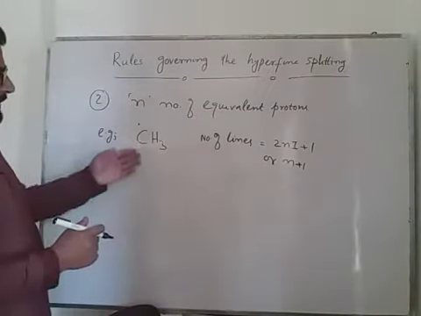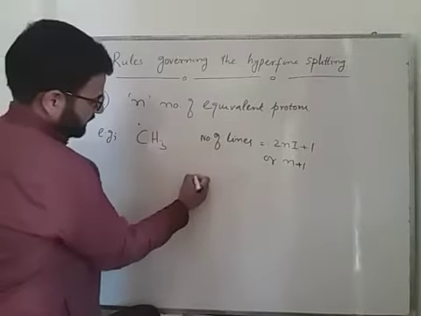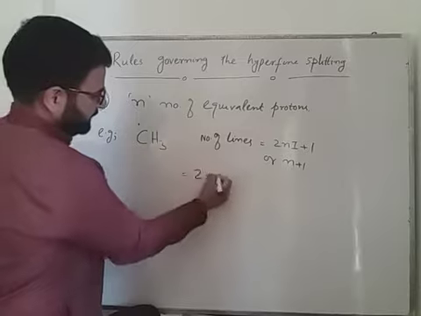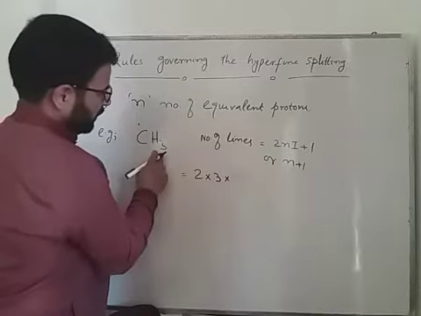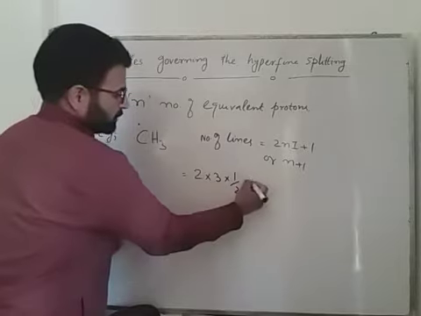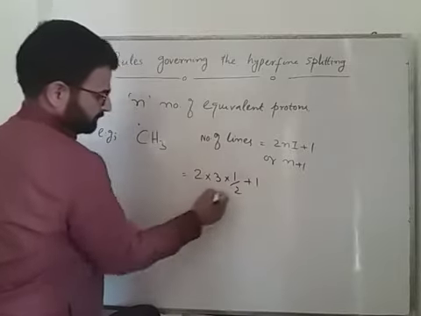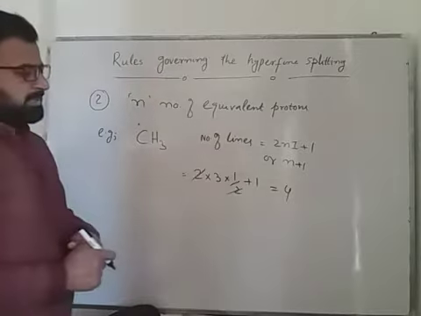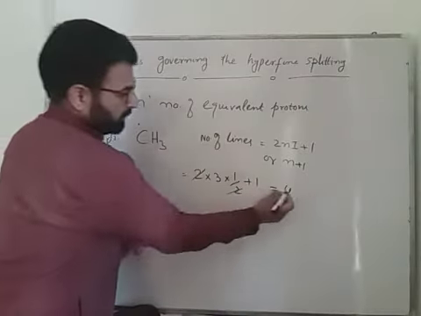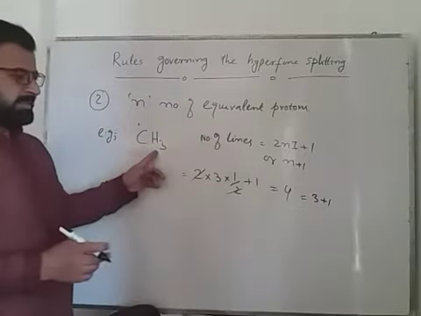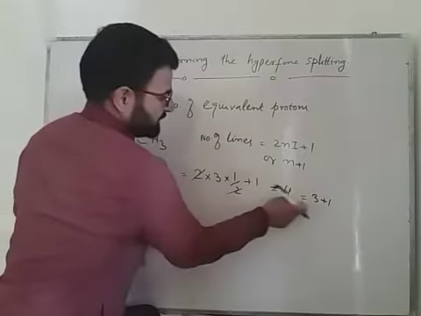Now we will check. The number of lines is equal to 2 into 3 for n, into 1 by 2 for I because hydrogen has a spin of 1 by 2, plus 1, and it comes out as 4. So 4 is equal to 3 plus 1, that means our n was 3, and 3 plus 1 means 4.